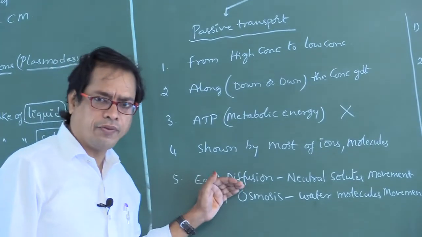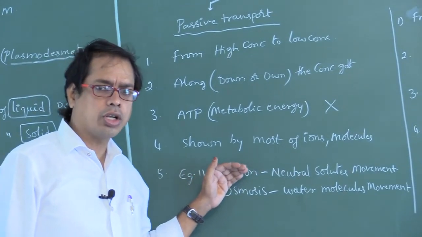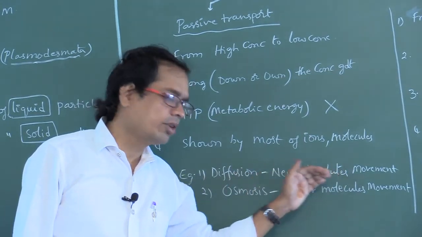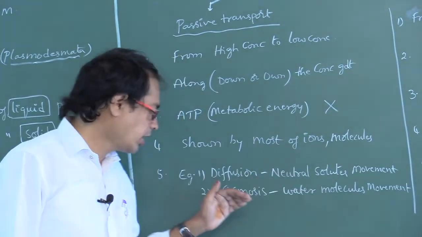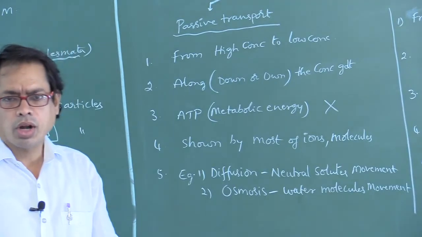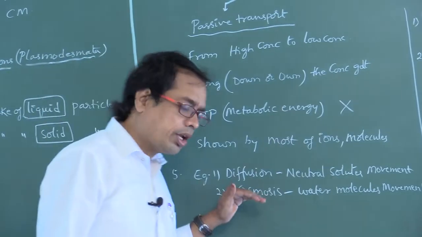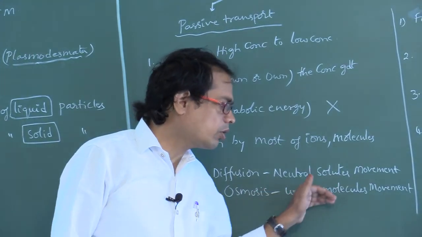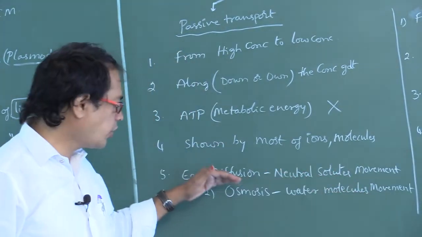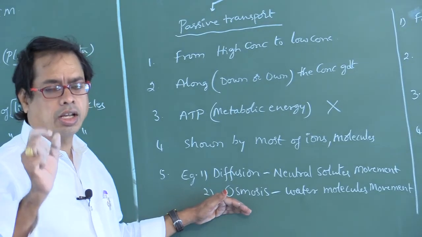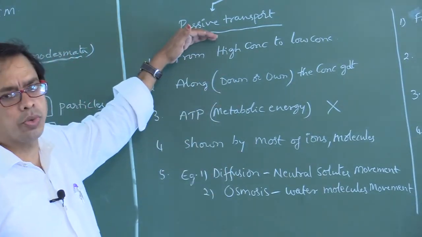Example means diffusion, that is neutral molecules movement or neutral solutes movement. Osmosis. In osmosis, what type of molecules will move? Only water molecules. In osmosis, water molecules movement. So both diffusion and osmosis are the processes that come under passive transport.